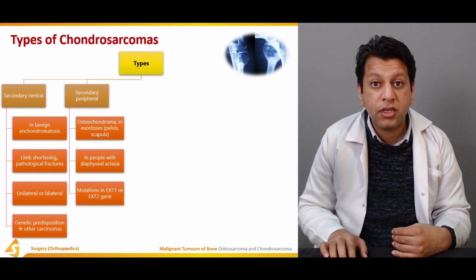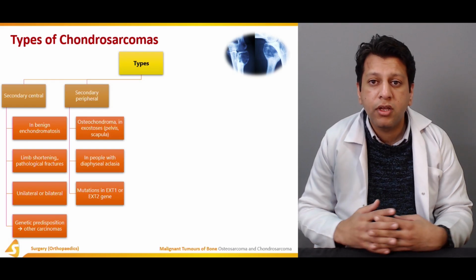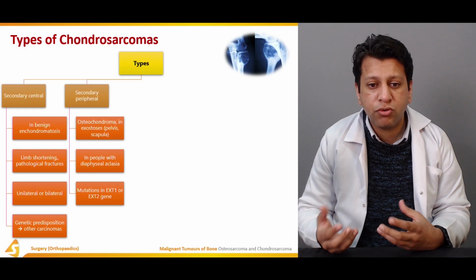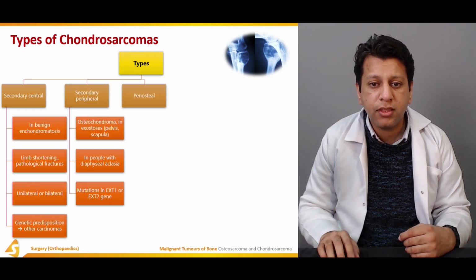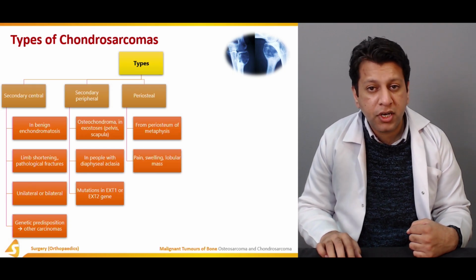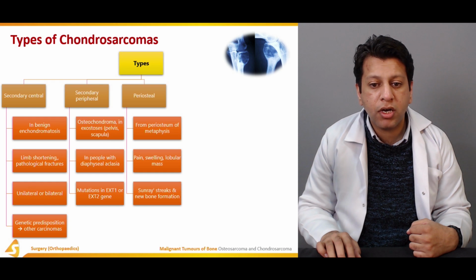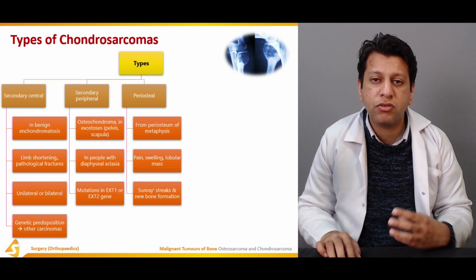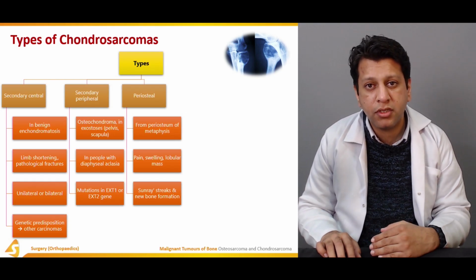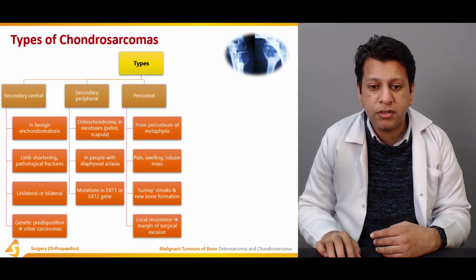There is a mutation in the EXT1 and EXT2 genes which predisposes them to development of chondrosarcoma from osteochondroma. Then there are periosteal lesions, which arise from the periosteum of the metaphysis. They present with pain, swelling, and a lobular mass, and usually sunburst new bone formation, which is a classical presentation of osteosarcoma, but may be seen in chondrosarcoma.